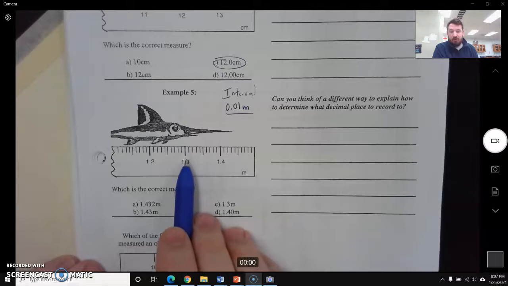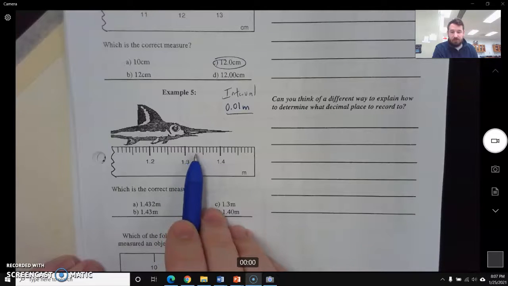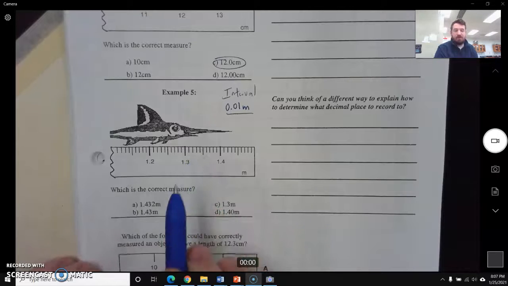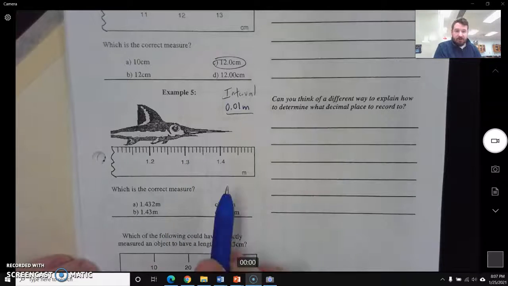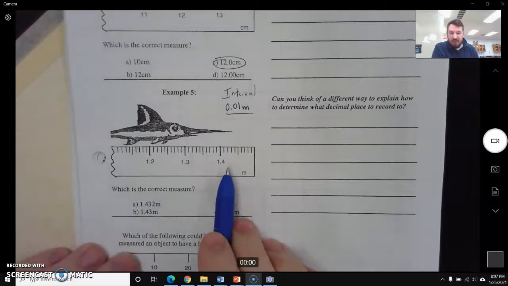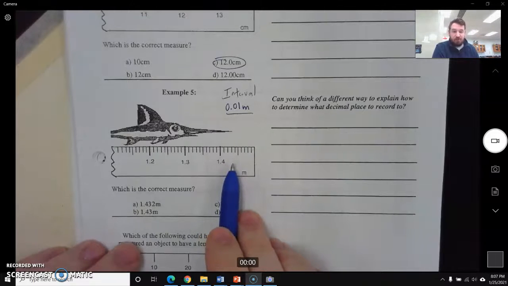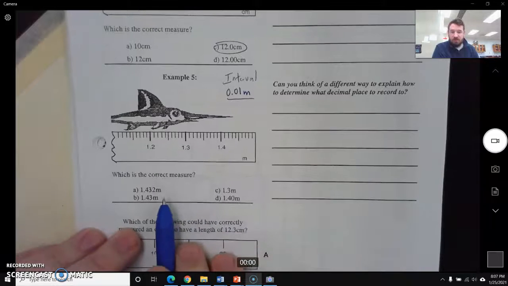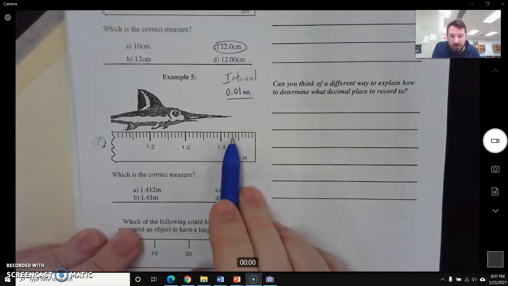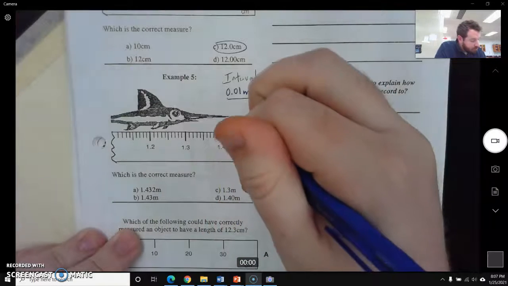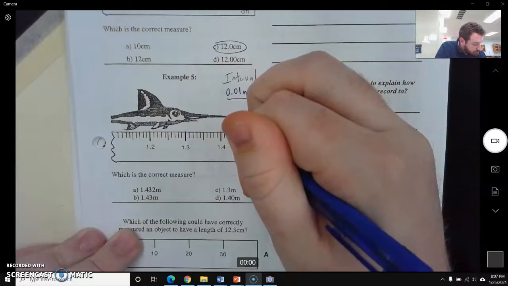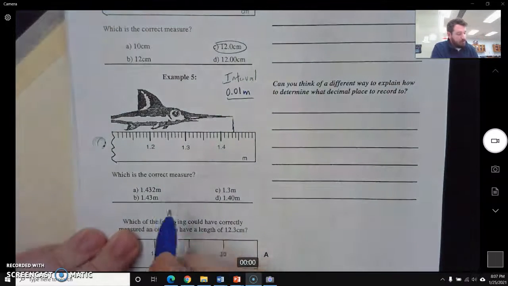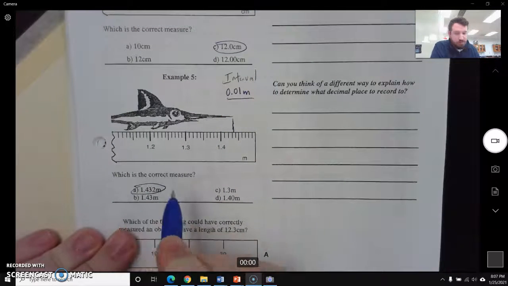So this would be 1.30, 1.31, 1.32, 1.33, 1.34, 1.35, etc. So our correct measurement should have 3 decimal places, right? If our interval has 2 decimal places, we should have 1.43, and if we draw this straight down, we have about 1.432 meters.